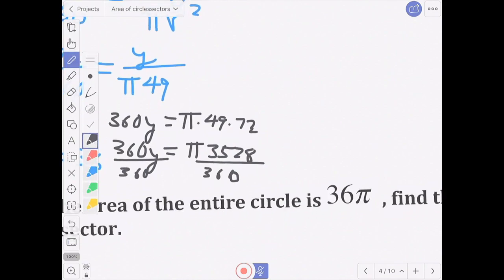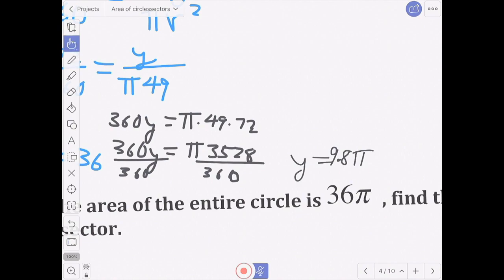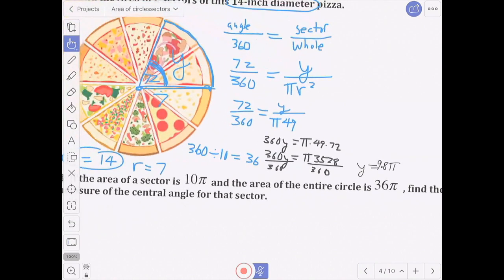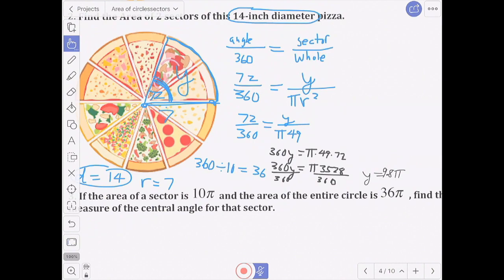So y would be 9.8 times pi, which if you did multiply it by pi, you end up getting about 31 square inches of pizza. So in that particular pizza, about 31 little bites to eat 2 pieces, which does sound right.